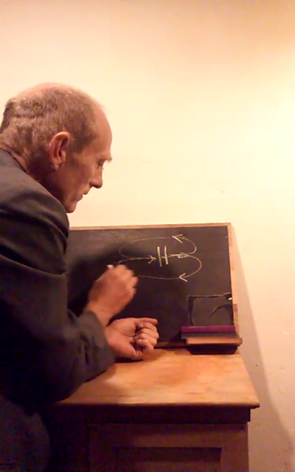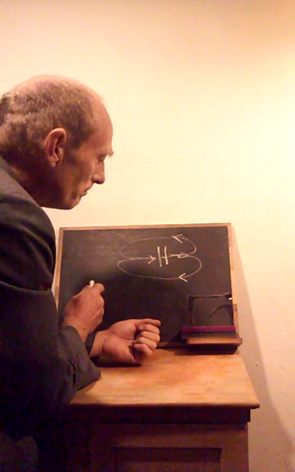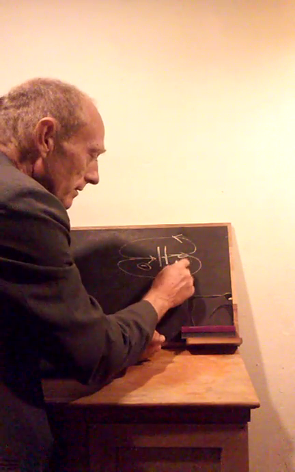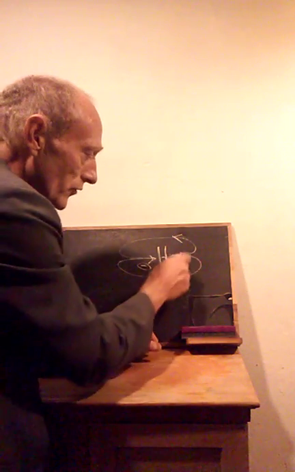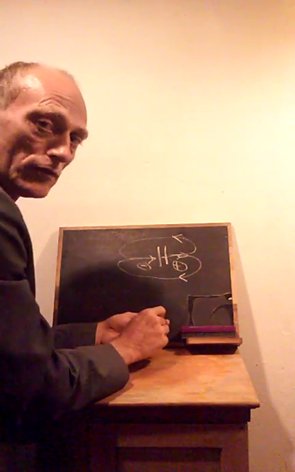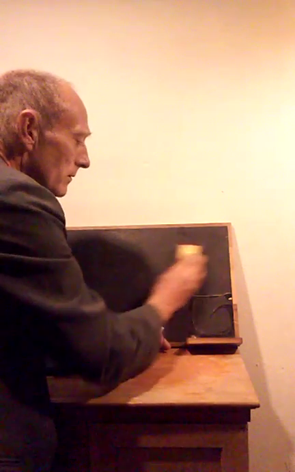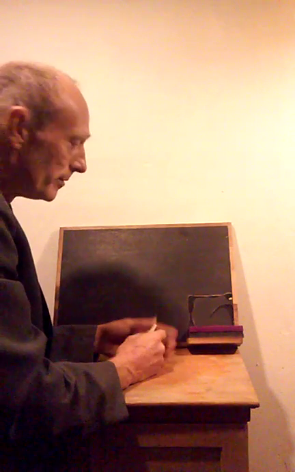This would be the negative of the magnet and the positive of the magnet. This is a bonding site, and this is a bonding site. You just don't get that with Lewis structures and the standard model.